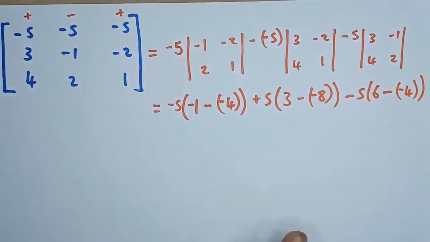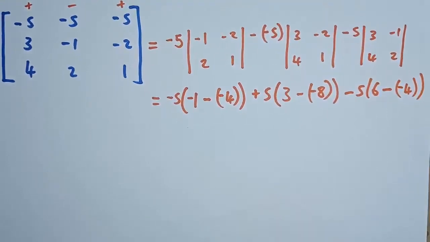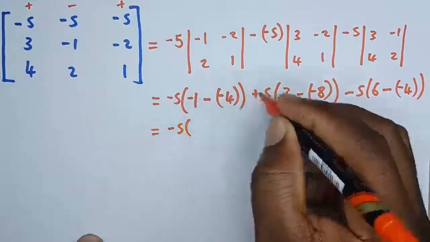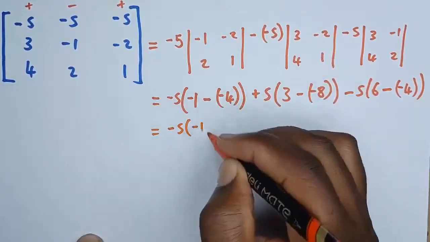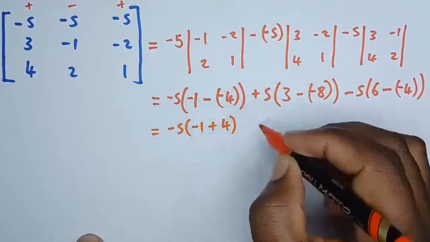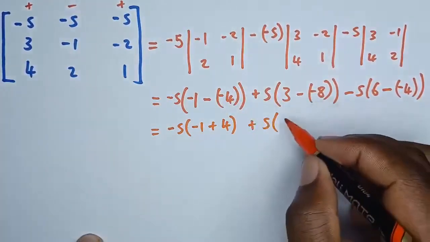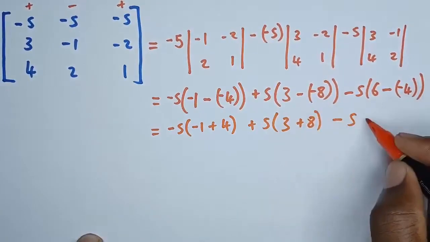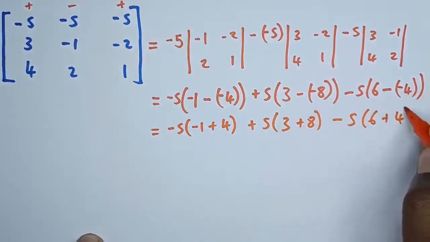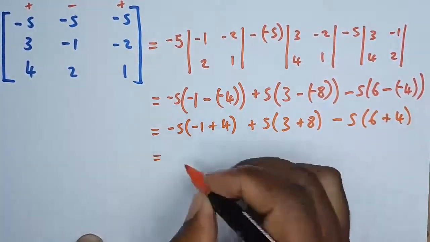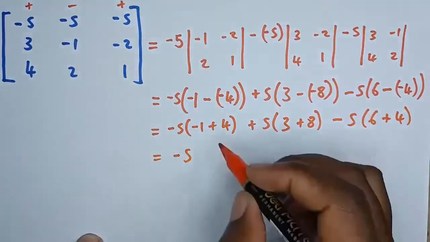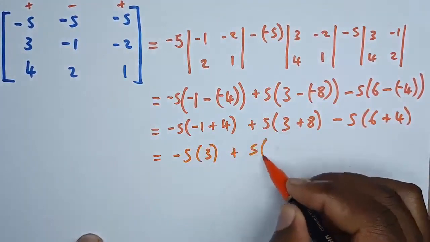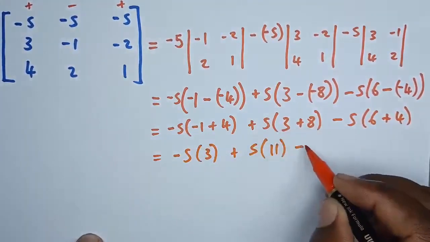Then from there, it's just a matter of simplifying what we have in the brackets. So we have -5. This will become -1 plus 4 plus 5. This will become 3 plus 8. And this will become 6 plus 4, like that. Next part will be -5. This will give us 3 plus 5. This will give us 11 minus 5.